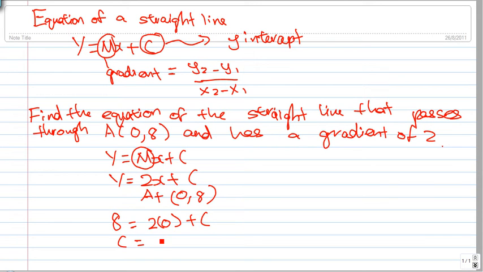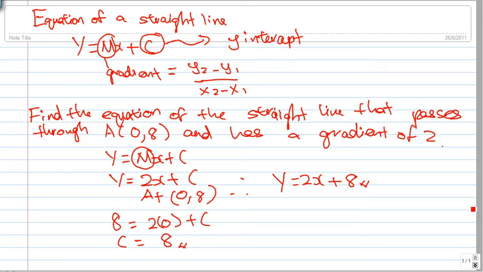You can see that c works out to 8, which is your y-intercept. Therefore, the equation of this straight line is y equals 2x plus 8. This is what you should take note of.